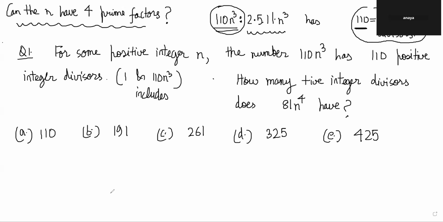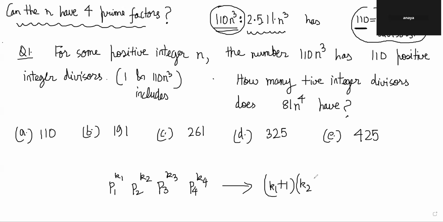If you have a number like p1 to the power k1, p2 to the power k2, p3 to the power k3, p4 to the power k4, how many divisors will we have? (k1 plus 1) times (k2 plus 1) times (k3 plus 1) times (k4 plus 1).